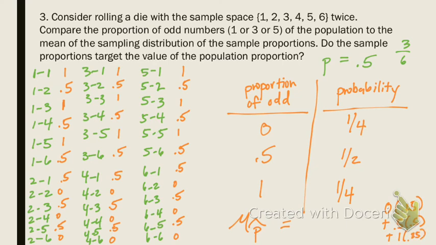So you're multiplying across, adding down. Either one, they both will get you the same answer, but you get your sampling distribution mean equals 0.5, which is the same. Population equals sampling distribution, so it's unbiased. If you have the same amount of zeros and ones, they would balance each other out to average 0.5.